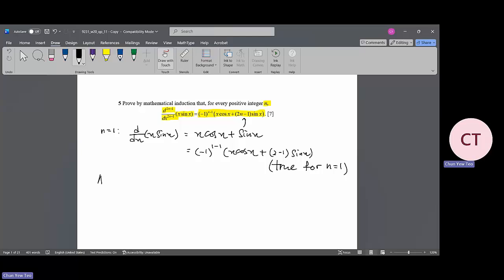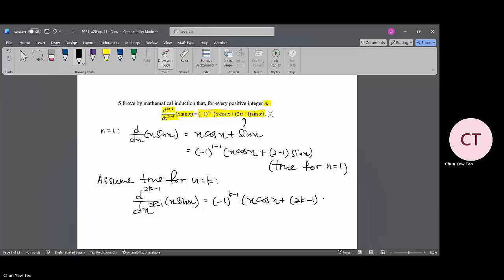Then assume true for n equal to k. So if n equal to k is true, then the whole statement over here, we just change the n to k. This is the x psi x. Then this will be negative 1 to the power k minus 1, x cos x plus (2k minus 1) psi x.